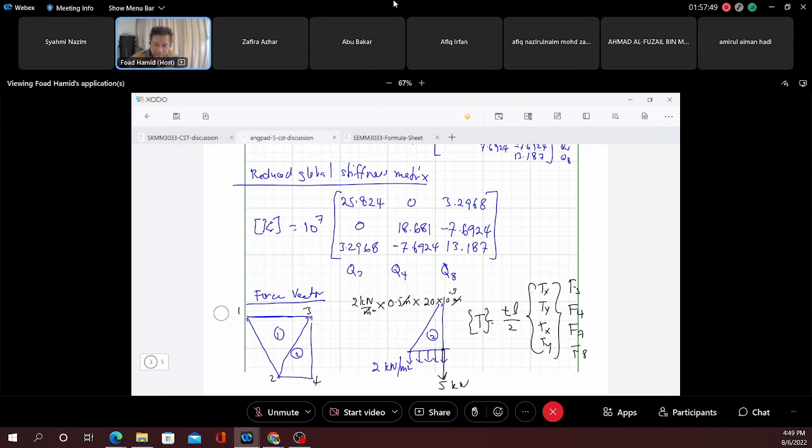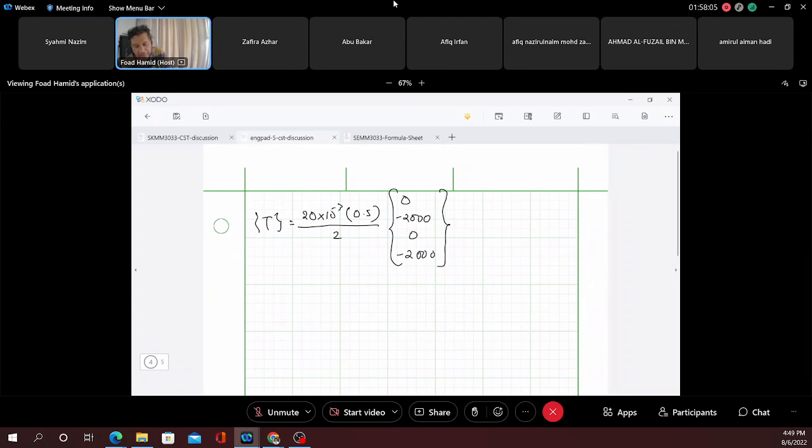So this part here is already calculated, but our T here should be the total, this number: 0, minus 10, 0, minus 10 kilonewton, due to distributed load.